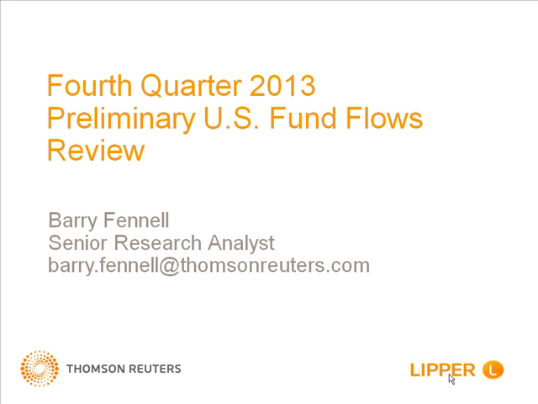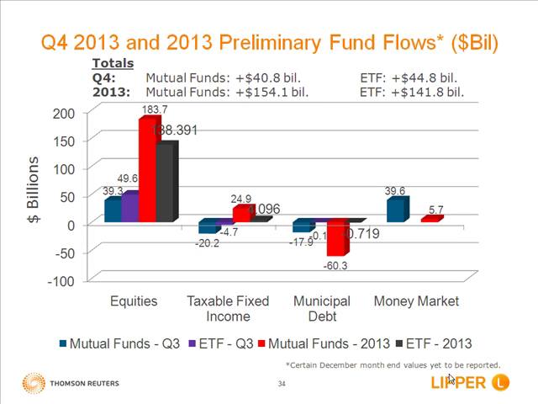Tom, would you mind flipping ahead to slide 34 for me, please? Thank you very much. This slide here highlights the flows into the various asset classes: equity, taxable, muni, money market. Overall, for the quarter, we had another positive quarter of net inflows with 40 billion coming into mutual funds and 44.8 billion coming into ETFs.